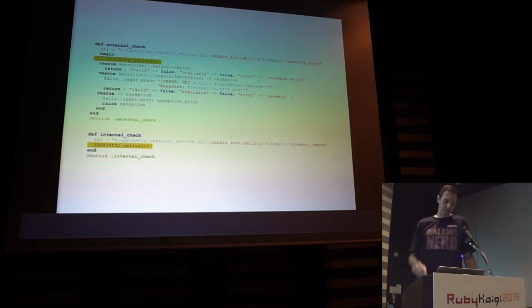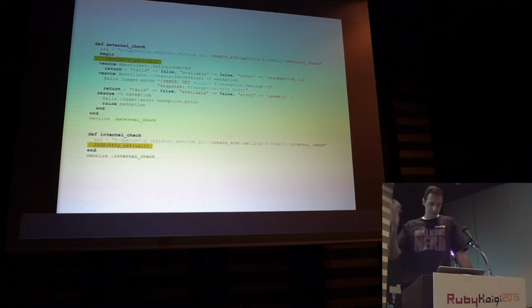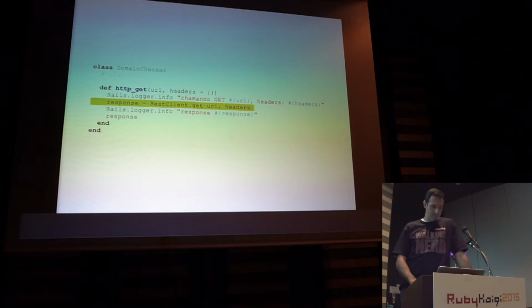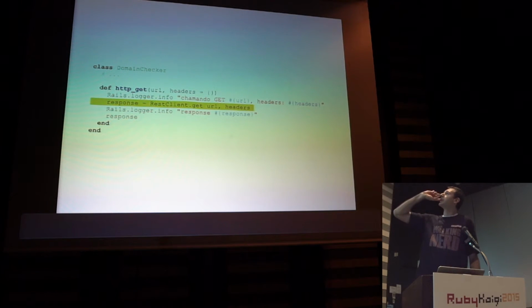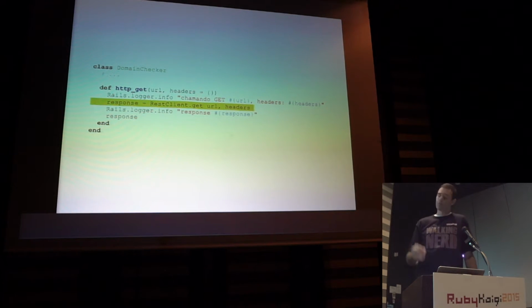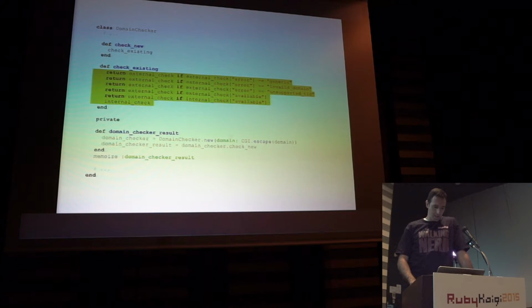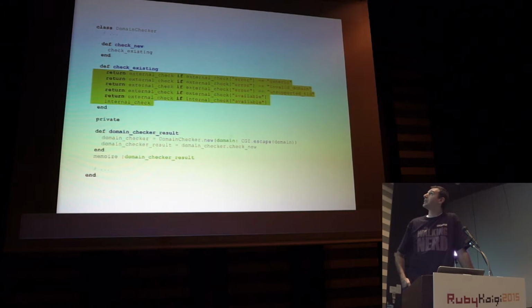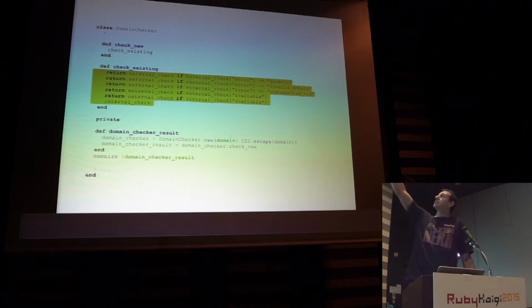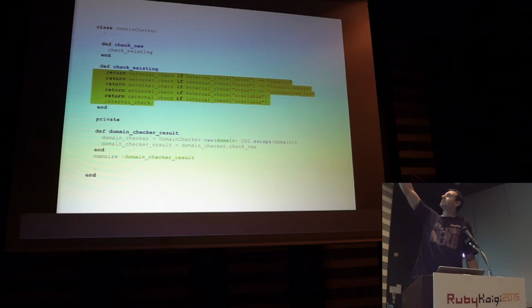So more dependencies because of the HTTP calls. And the method with the HTTP call using, in this case, a REST client. So we have this dependency. And the checking_existing method. This method is called by the check_new method.